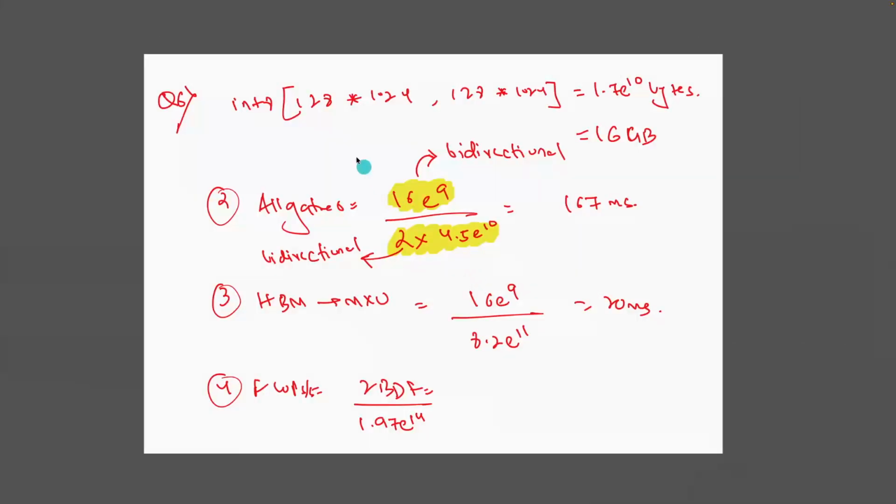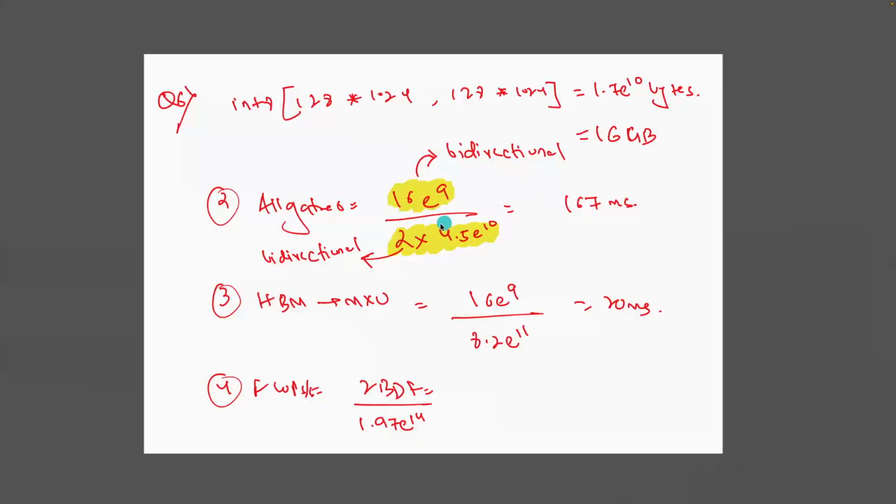You can see here you have an array size of 16 gigabytes, which we got from int8 being 1 byte, 1 times 128 times 1024 times 128 times 1024. So it's a total of 16 gigabytes.